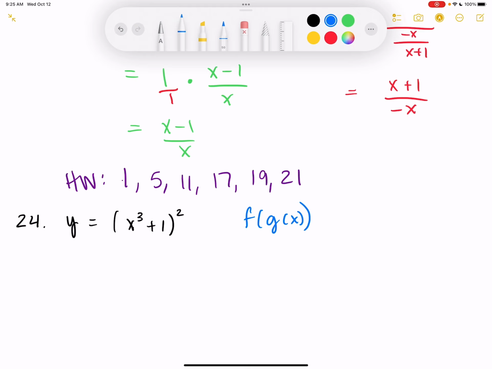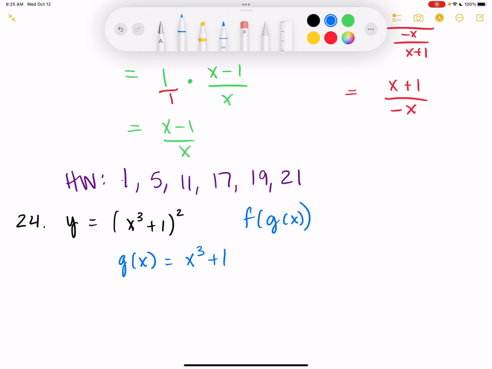With one like this, a general rule is that your g of x is always what's inside the parentheses. So everything inside is going to be your g of x, and then the outside is going to be your f of x. So with that, our g of x would be equal to x cubed plus 1.